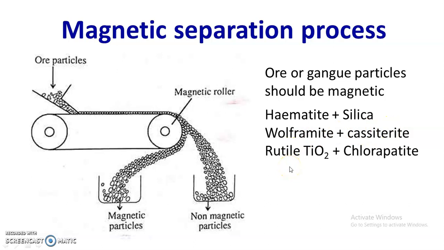Then rutile, titania, TiO2, is a magnetic material, and it is separated from chloropatite. Chloropatite is a non-magnetic material. So in this way, by using a magnetic classifier or electromagnetic separator, we can separate ore and gangue particles.